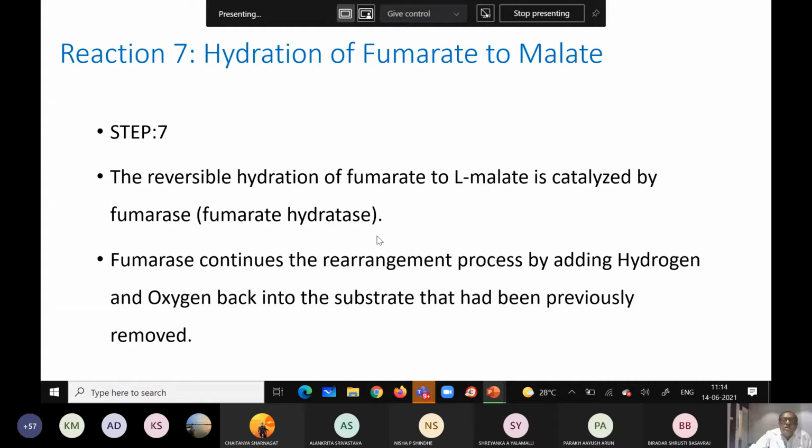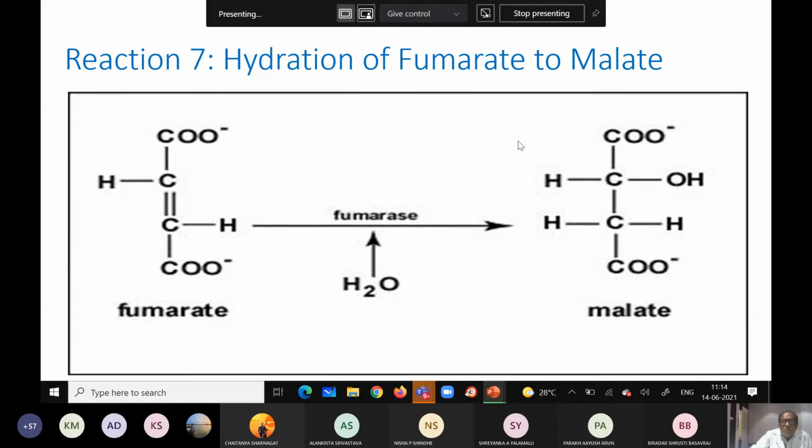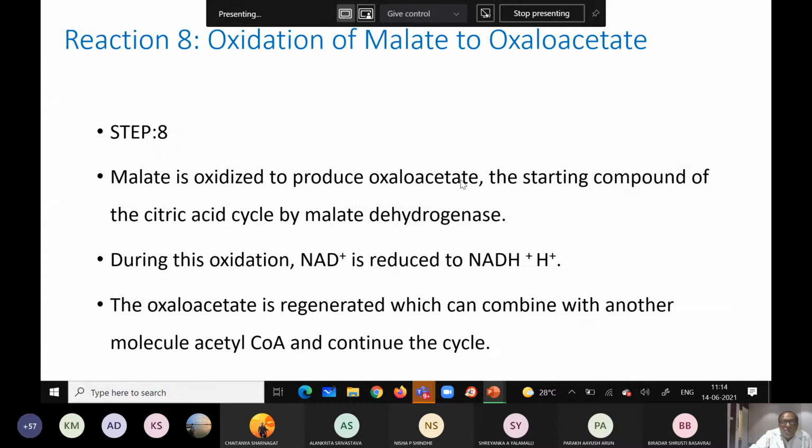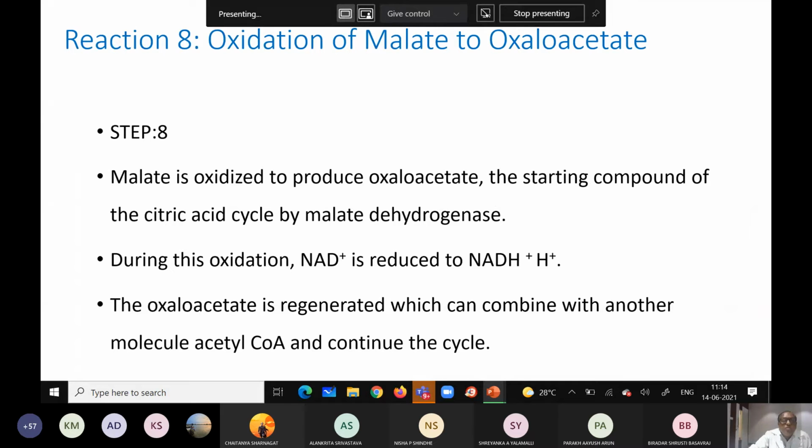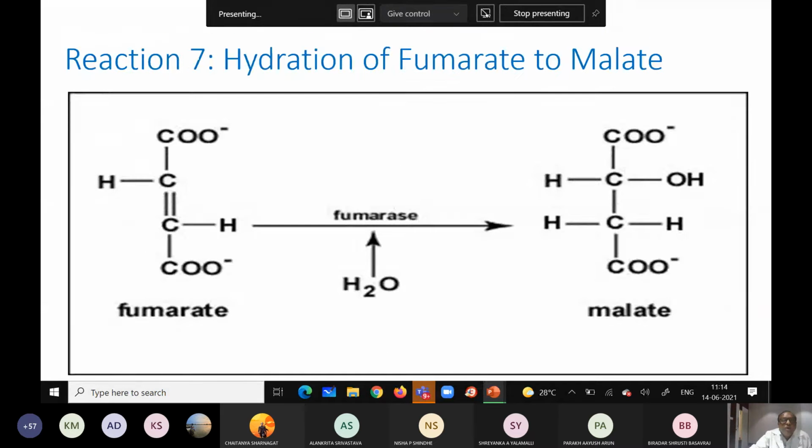There is a need for the formation of malate, otherwise it will be impermeable for the oxaloacetate to move inside. Later on in the steps I will inform you. So the formation of fumarate is an important step here, that is hydration of the fumarate to malate.